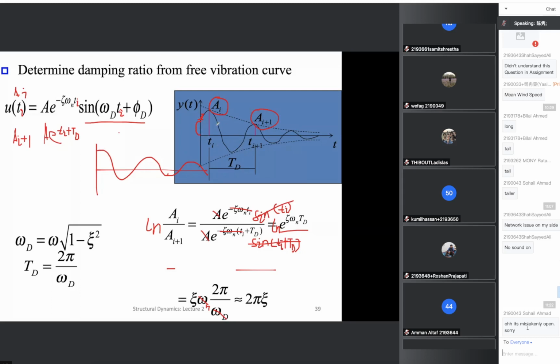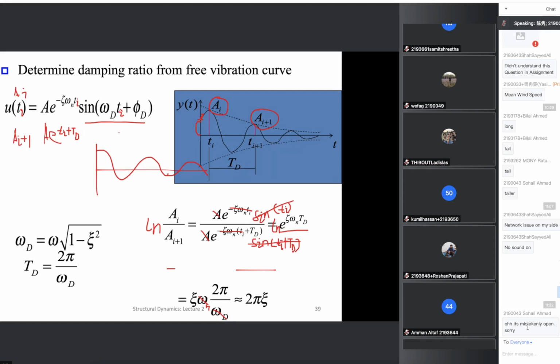We have initial velocity and initial displacement. So at the very beginning, from 0 to the first peak is like this. If you don't have velocity, then it just reduces from the very beginning. Okay? Clear? Okay, thank you.